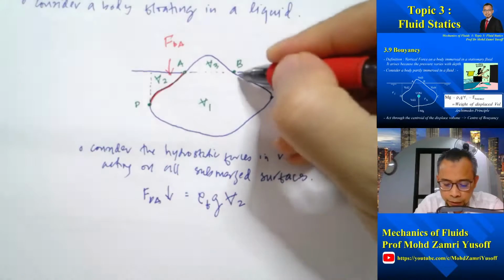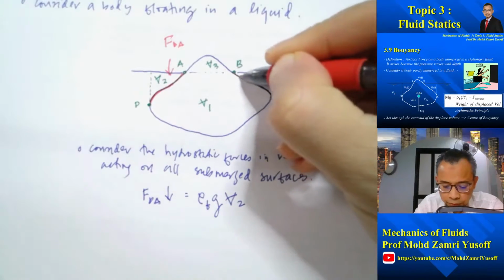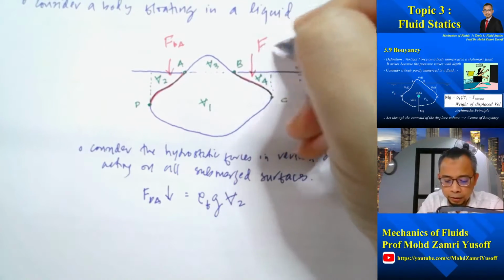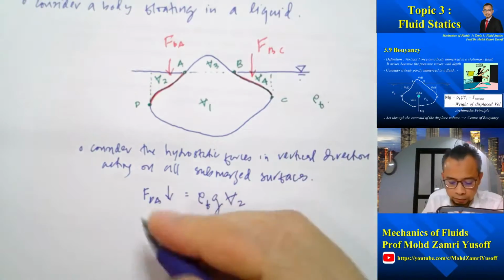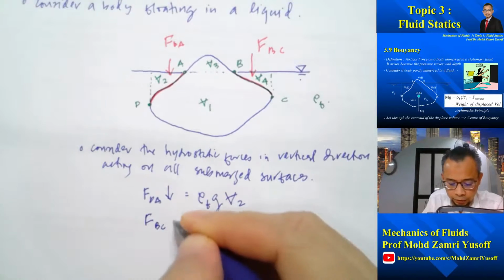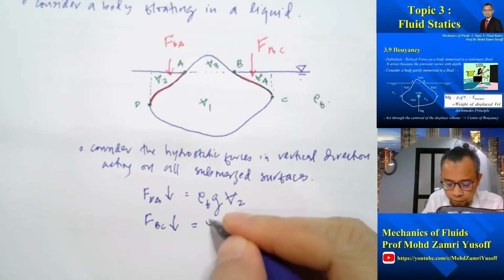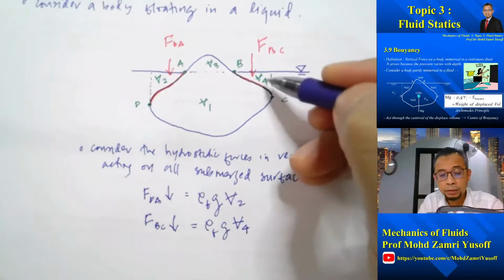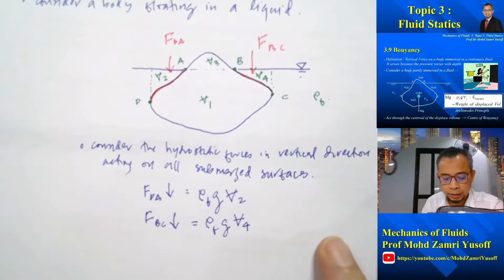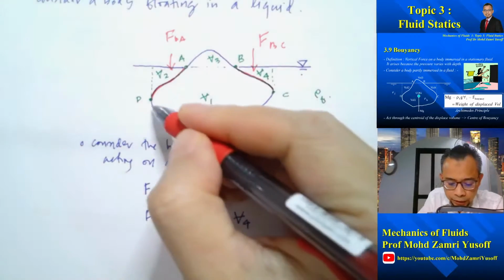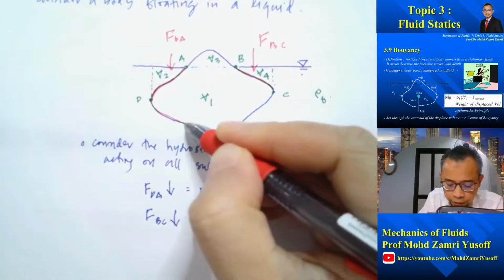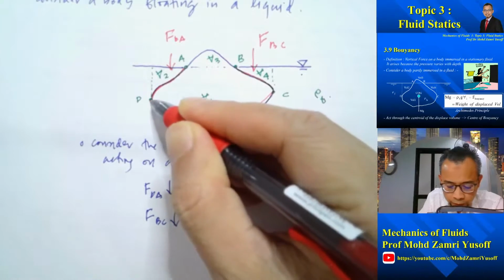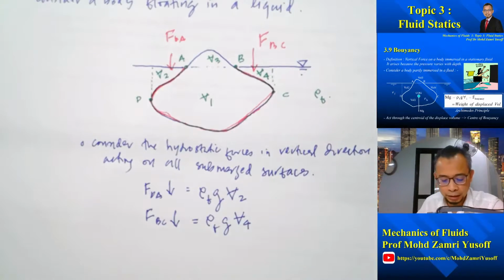Then you can also consider the force acting on the surface here. I call that one F_BC. F_BC, also acting downward, will be equal to rho_f g V4, where V4 is this volume here. Then I can also consider the hydrostatic force acting on surface DC.